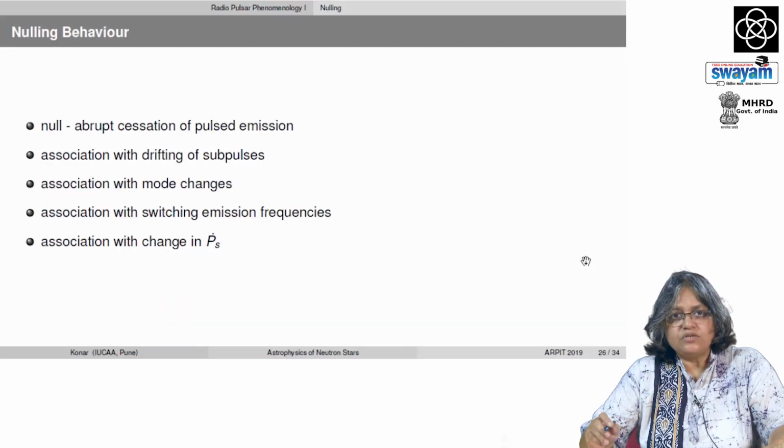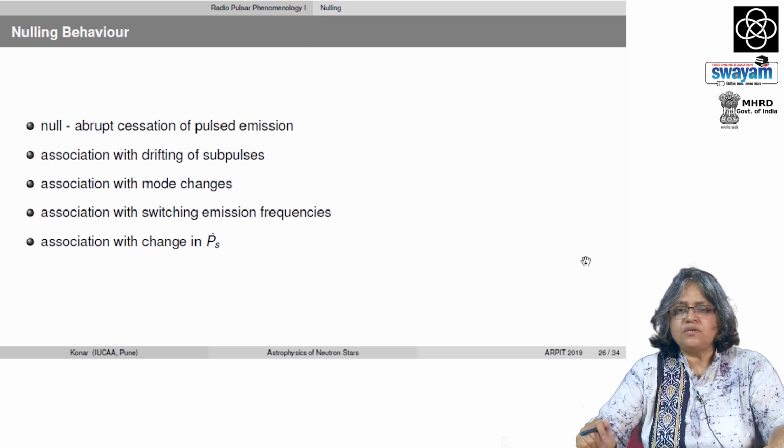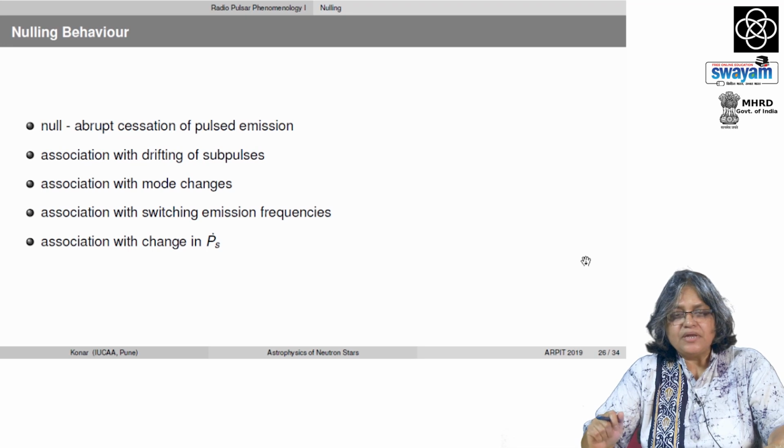Now, the nulling behavior, which is abrupt cessation of pulsed emission, is associated with drifting of subpulses, associated with mode changes, also associated with switching emission frequencies. We have seen that more energy is emitted in a different frequency when the mode changes, and there is also association with change in the period derivative. So, the period derivative changes because at the time of nulling there is no emission.